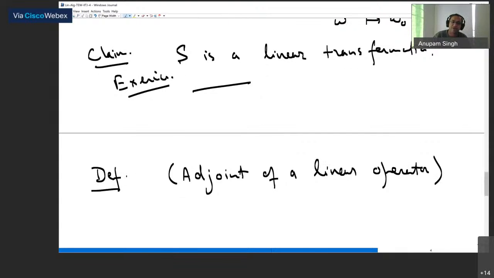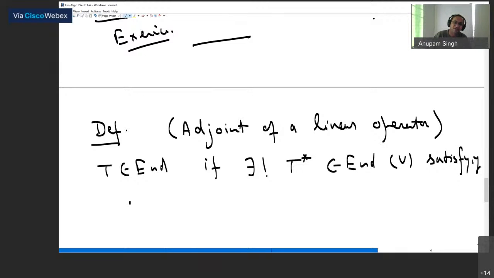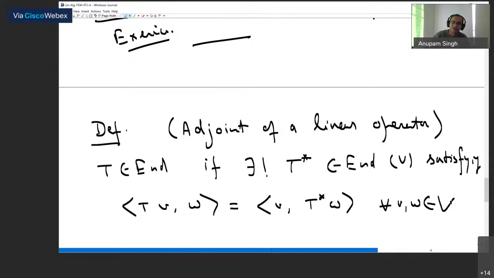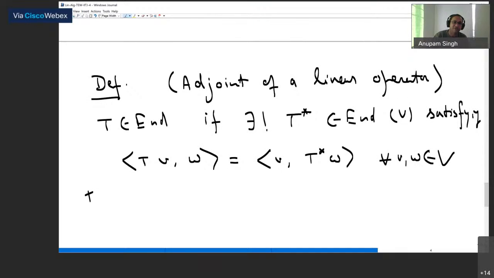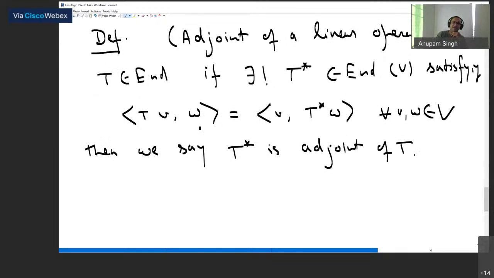Okay, so let's take a linear operator T in End V. If there exists a unique linear transformation T star in End V satisfying the equation that the inner product of T of v comma w equals v comma T star of w for all v comma w in V, then we say T star is the adjoint of the linear transformation T. Okay, this is the definition of the adjoint. The adjoint is a linear operator which satisfies this equation, the equation which I have said here.